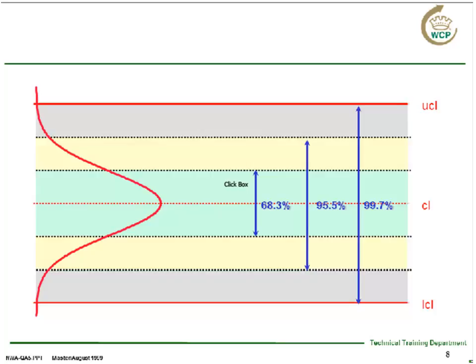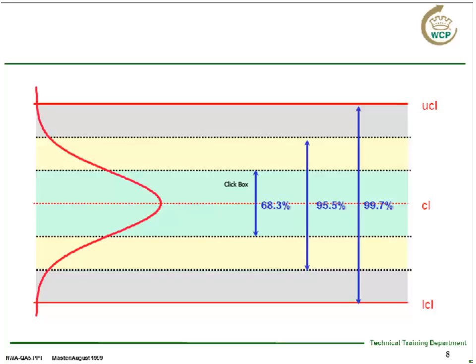As you recall from the histogram lesson, 68.3% of data in a normal distribution will be within the plus or minus 1 standard deviation line. Likewise, the yellow zone represents 2 standard deviations away from the mean and will contain 95.5% of data in a normal distribution.